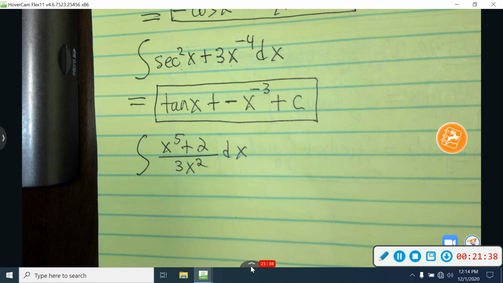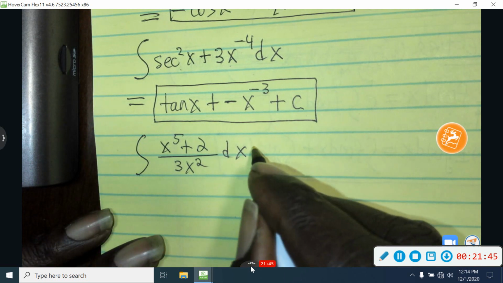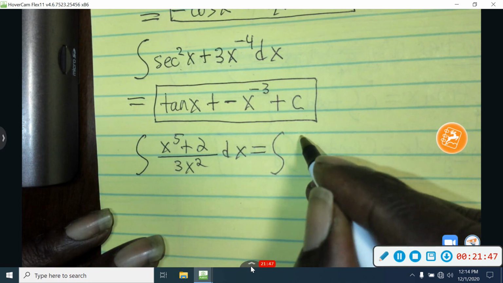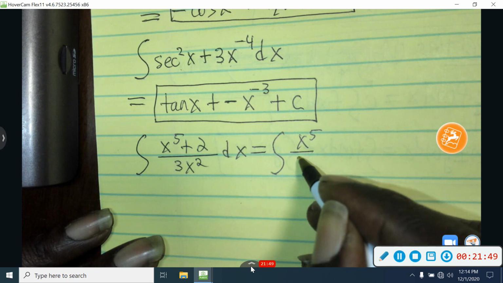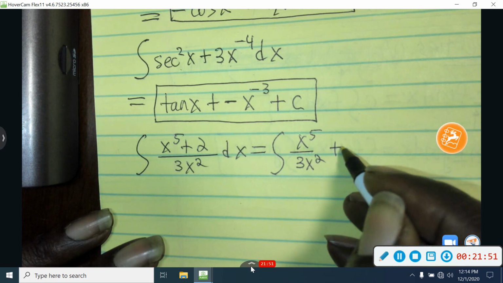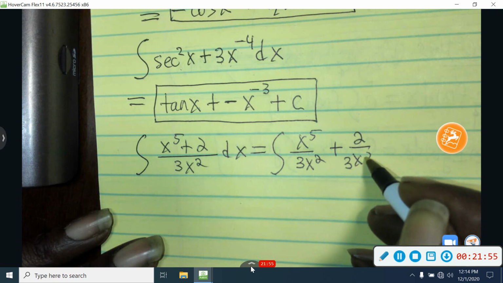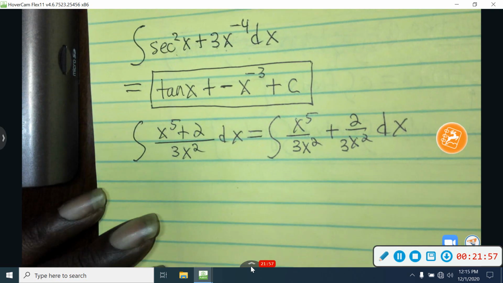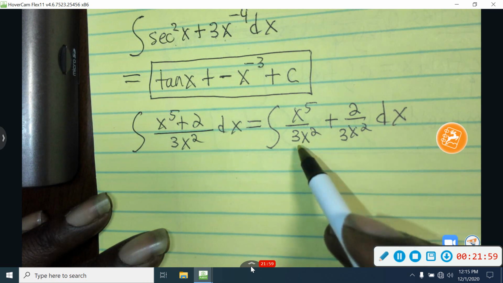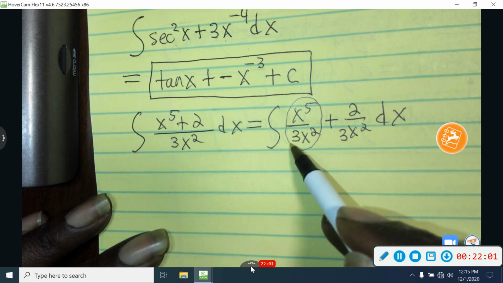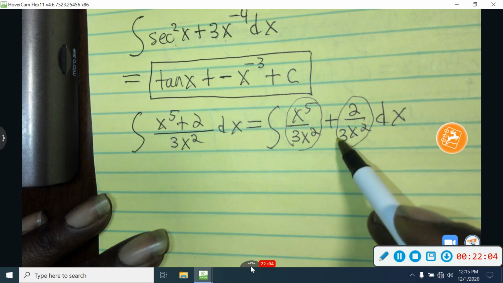So before I integrate it, I'm going to clean it up a bit. So notice you can write this as, so the integral sign's still there, x to the 5th over 3x squared plus 2 over 3x squared. And now I can clean both of these up so they really are powers of x.